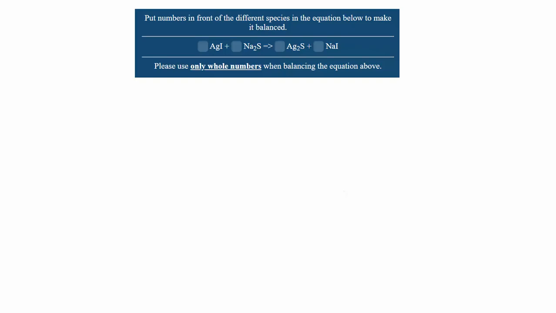In terms of balancing, this question asks us to put numbers in front of the equation, working out what those numbers would be such that it would be balanced, with no need to use whole numbers. So the first thing I'm going to do is a process of effectively auditing what I actually have in front of me.